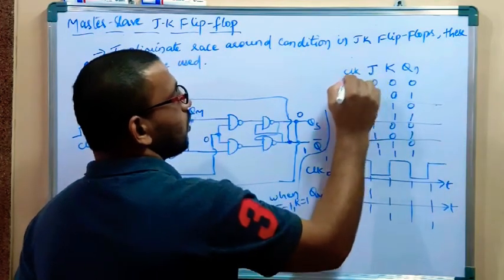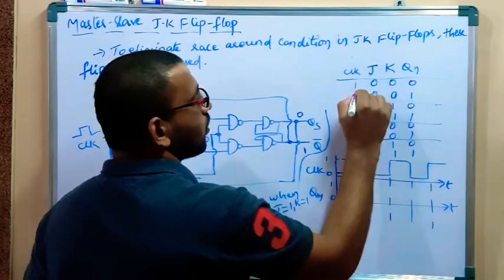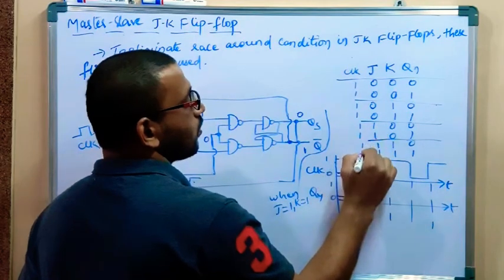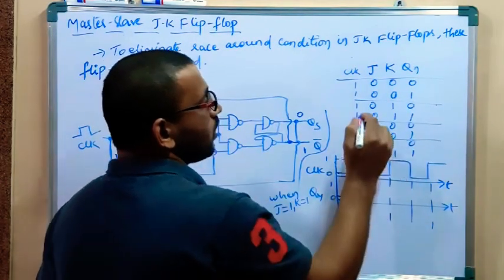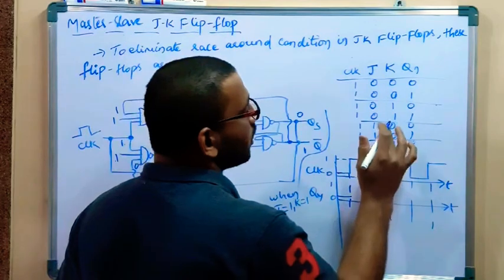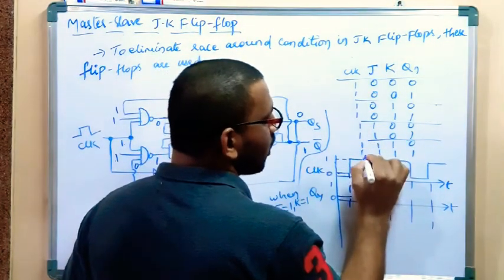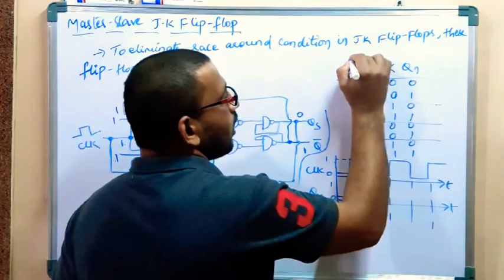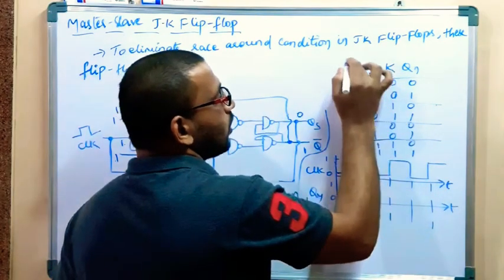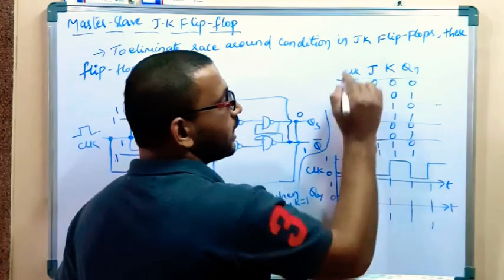So this is clock, right? And also I will write the condition here when there is no clock pulse. When clock pulse is 0, I don't have space to write here, I will write here.